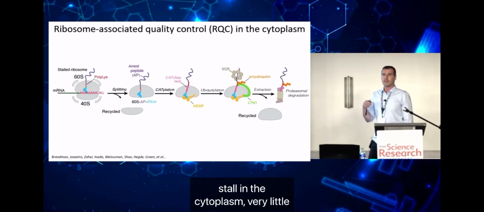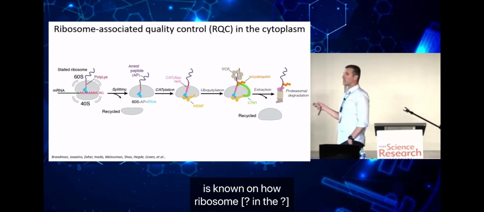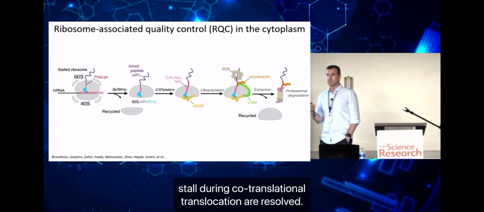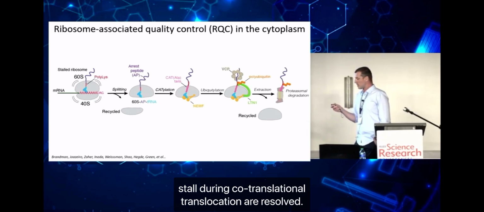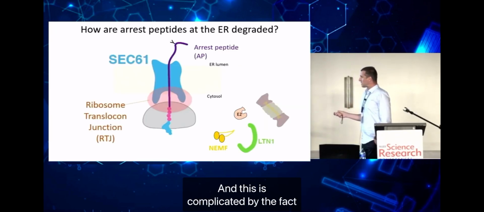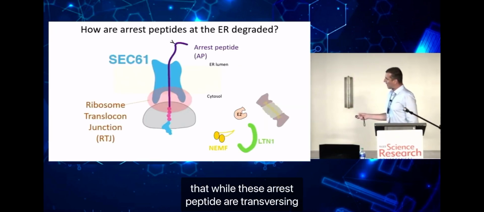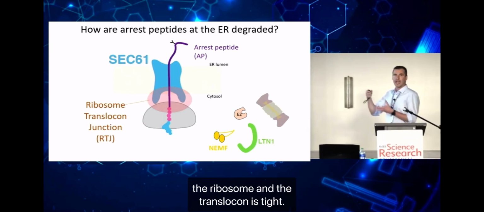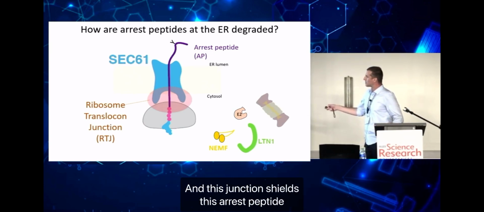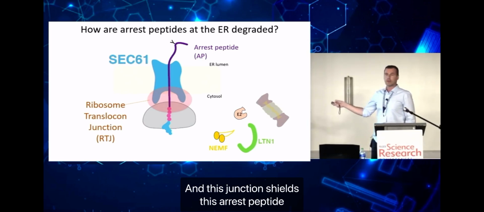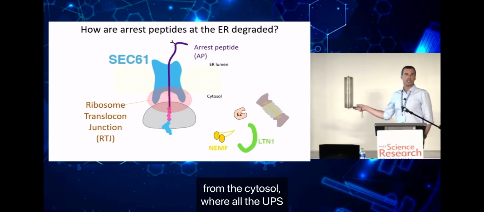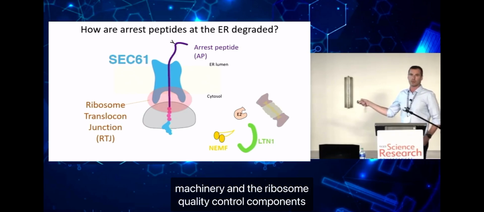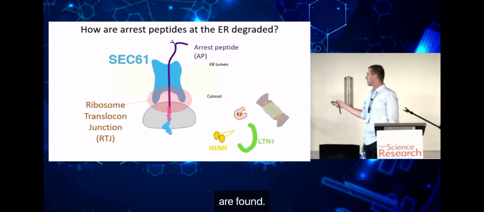Although this pathway has been extensively studied by many groups in the context of ribosome stalls in the cytoplasm, very little is known about how ribosome stalls during co-translational translocation are resolved. This is complicated by the fact that while these arrest peptides are traversing the Sec61 translocon, the junction between the ribosome and the translocon is tight, and this junction shields the arrest peptide from the cytosol, where all the UPS machinery and the ribosome quality control components are found.